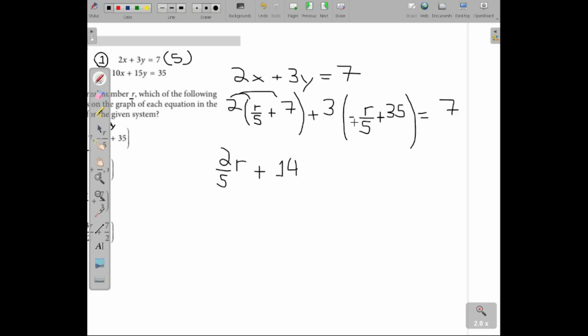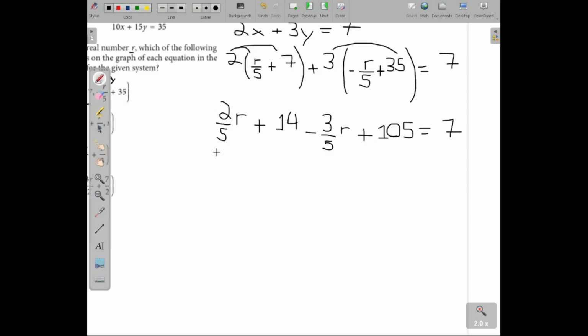Now positive times negative will be negative. 3 times 1 will be 3 divided by 5 times r, plus 3 times 35, which is 105, equal to 7.